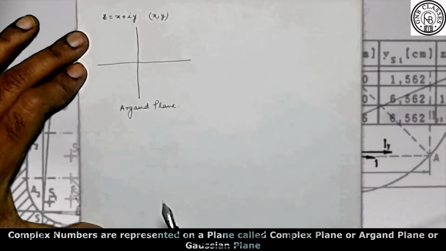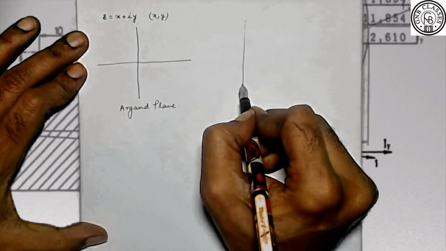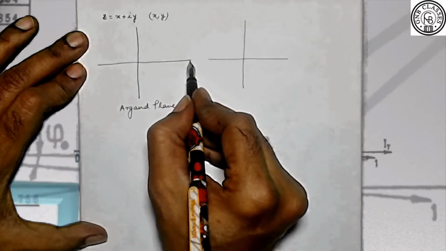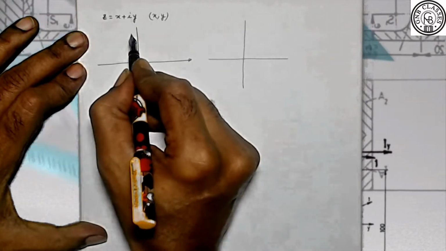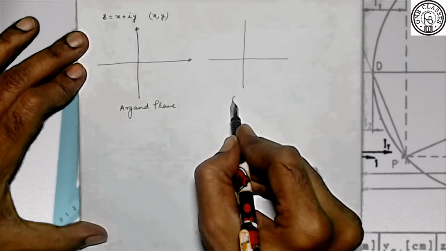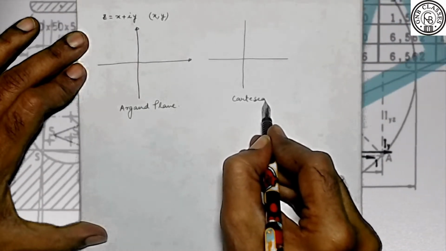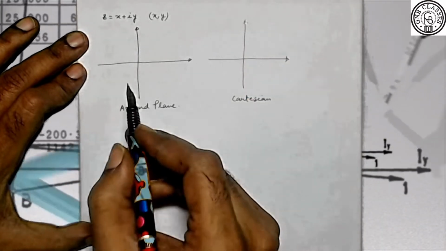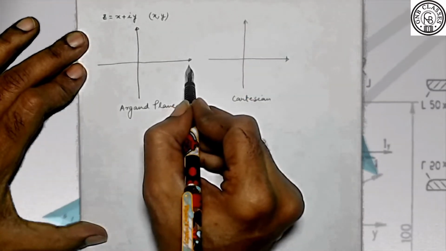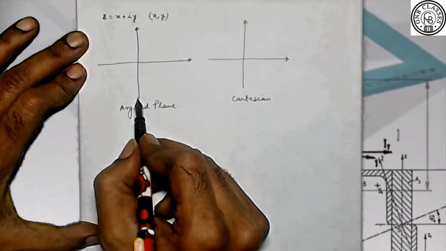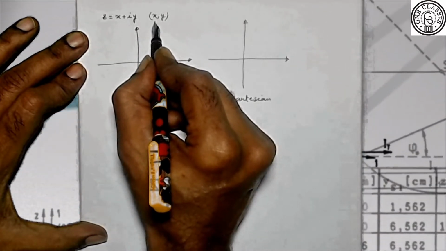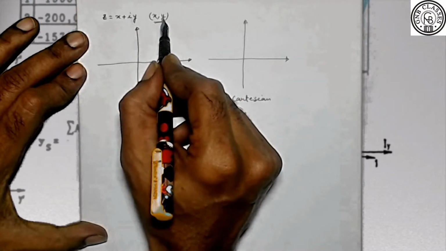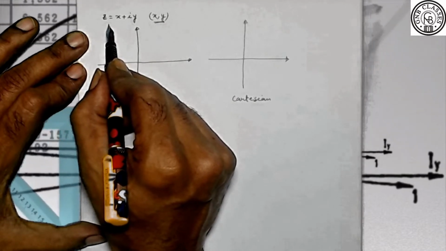What is the difference between an Argand plane and a Cartesian plane? It is all the same. The only difference is that for the Cartesian plane, both x and y axes are real, but in the Argand plane, the x axis is real and the y axis is imaginary, because the point x, y will be represented on an Argand plane where y is the imaginary part of the complex number z.